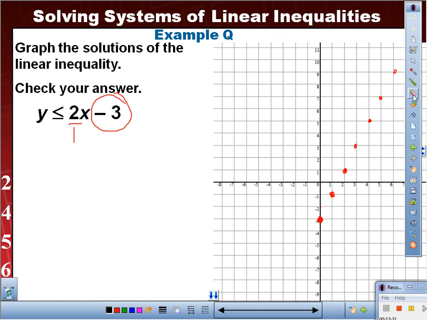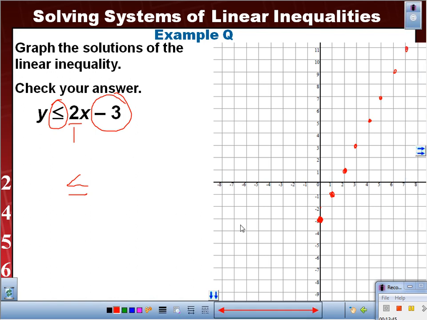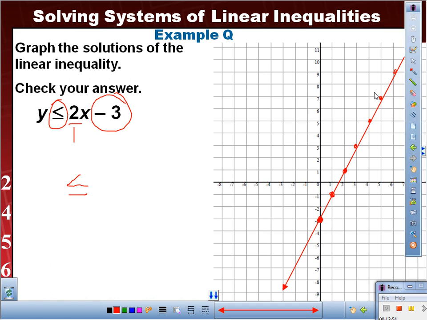First of all, pay attention to this part. The inequality is with an equal sign. Yes? So, let me show you my line. Are we there so far? Okay. Now let me sketch the rest of the solutions.